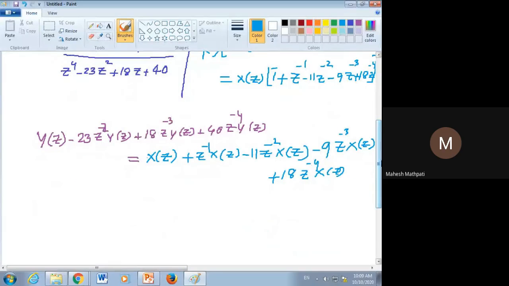Any difficulty here? Are you getting this point?